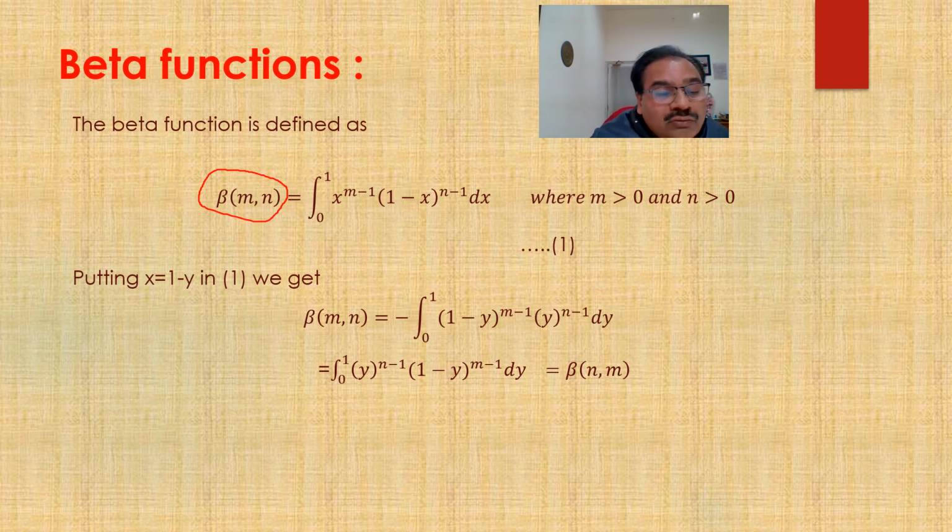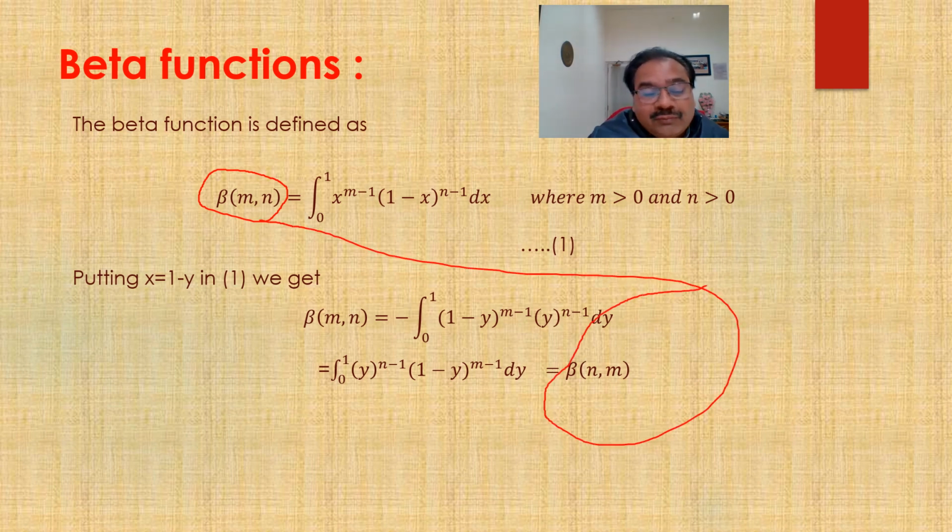If you want to establish a very beautiful property of the beta function, that beta of mn is equal to beta of nm, then you have to use the definite integral properties. One beautiful property of definite integral we all know: the integral from 0 to a of f of x is equal to the integral from 0 to a of f of a minus x.